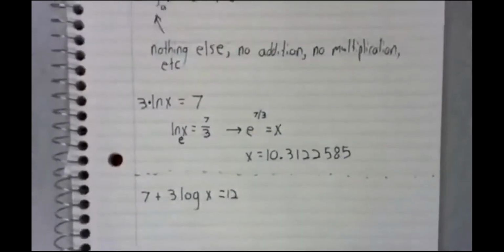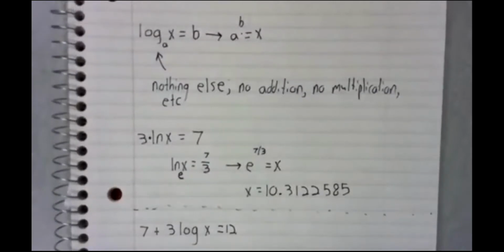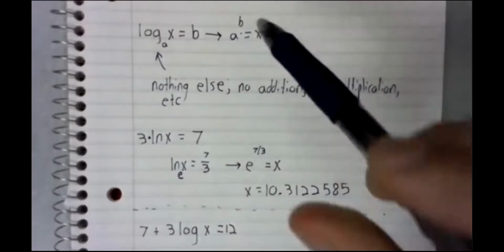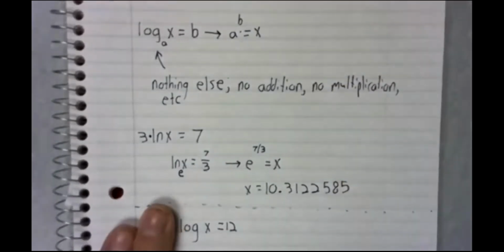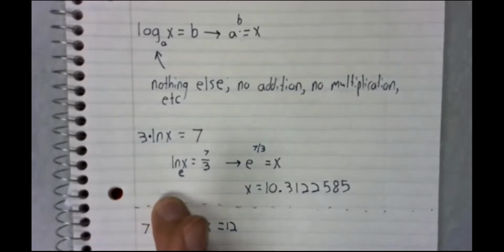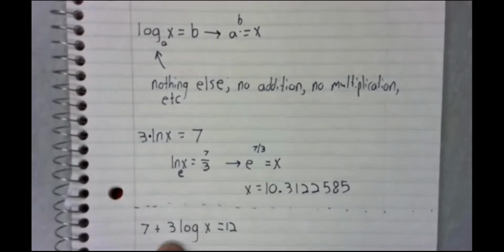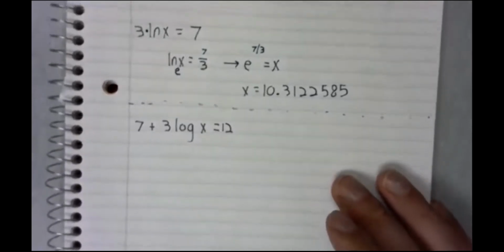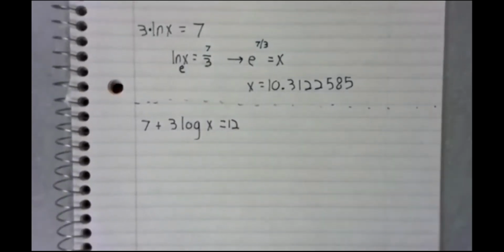And we can solve this by rewriting it. But to do that, we need the logarithm by itself. We don't want this addition, and we don't want this multiplication. So we need to eliminate these.